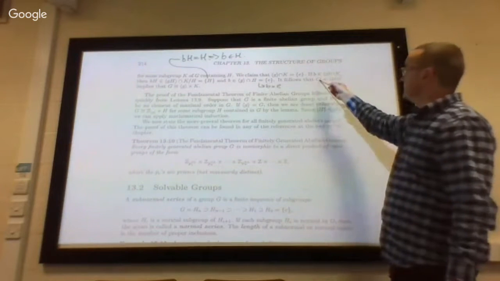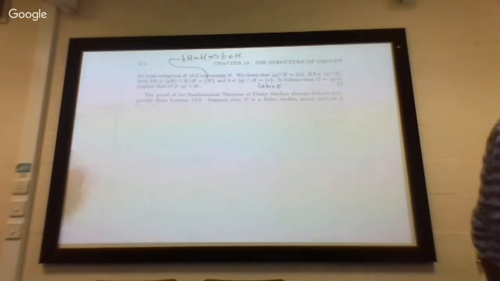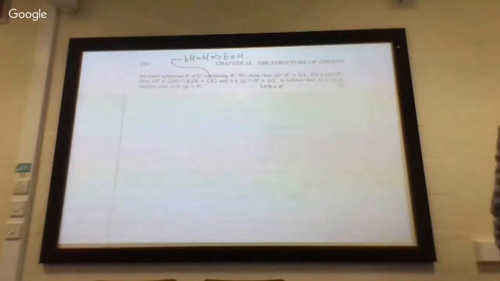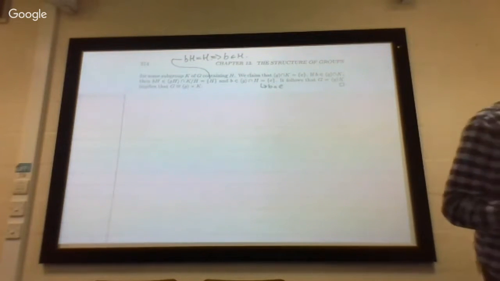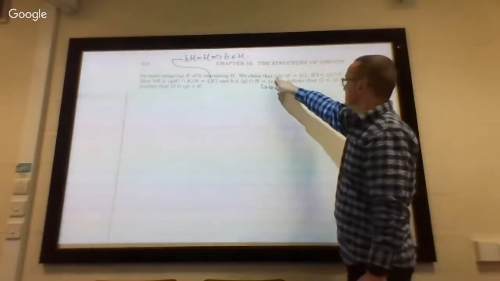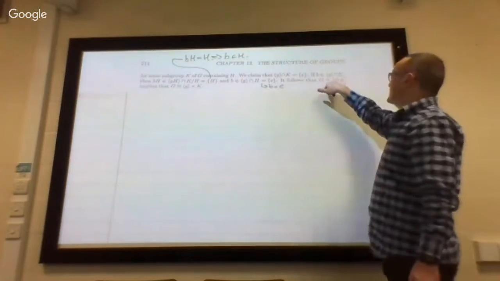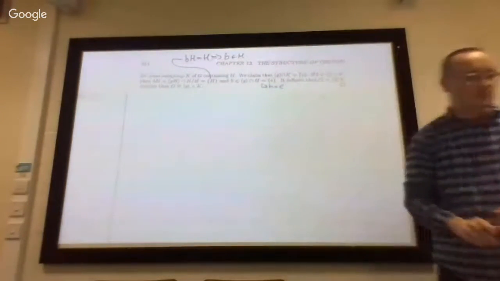And this last bit is what my last explanation paragraph is going to be for. He claims then that it follows that G is equal to the product. This is the last thing you need for an internal direct product. You need the two subgroups, the cyclic subgroup generated by g and K, to have trivial intersection, and their product must be all of G. Now, he just says it follows, but I think we need a little bit of a claim here.